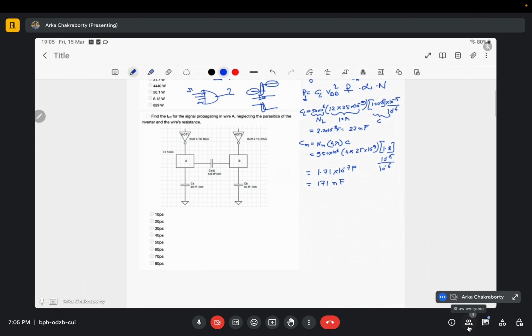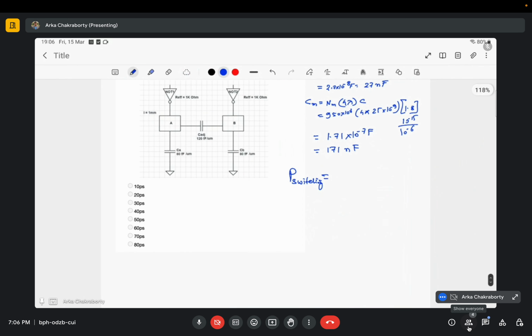Now the dynamic power, or the switching power, would be the sum of the power dissipated due to the logic elements plus the sum of the power dissipated due to memory elements. Correct?